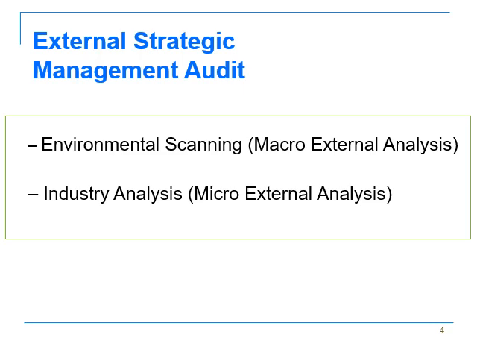The second analysis is the industry analysis, having another name of micro external analysis. My dear students, the micro external analysis is another name for Porter's five forces. Can you recall these forces?